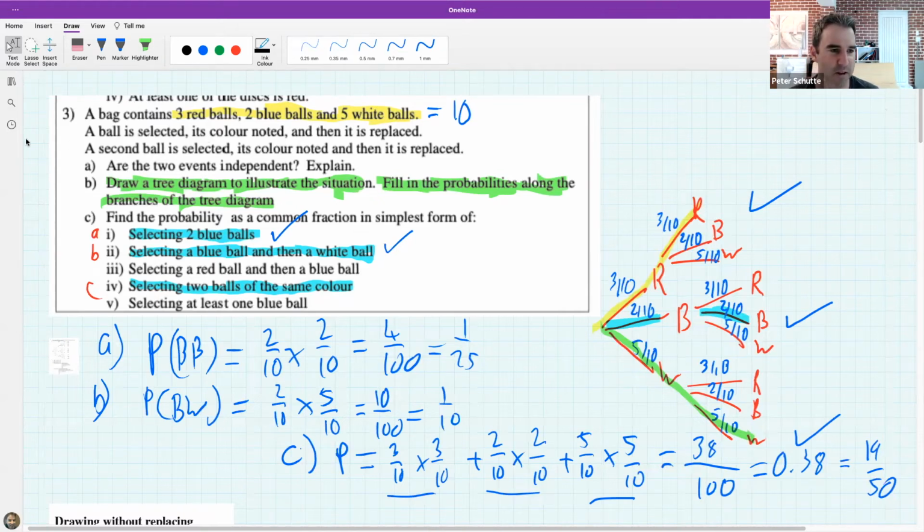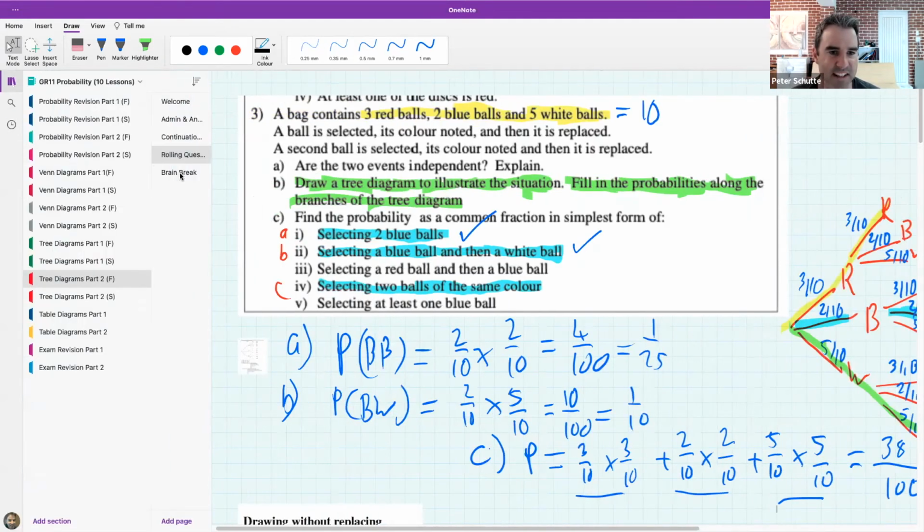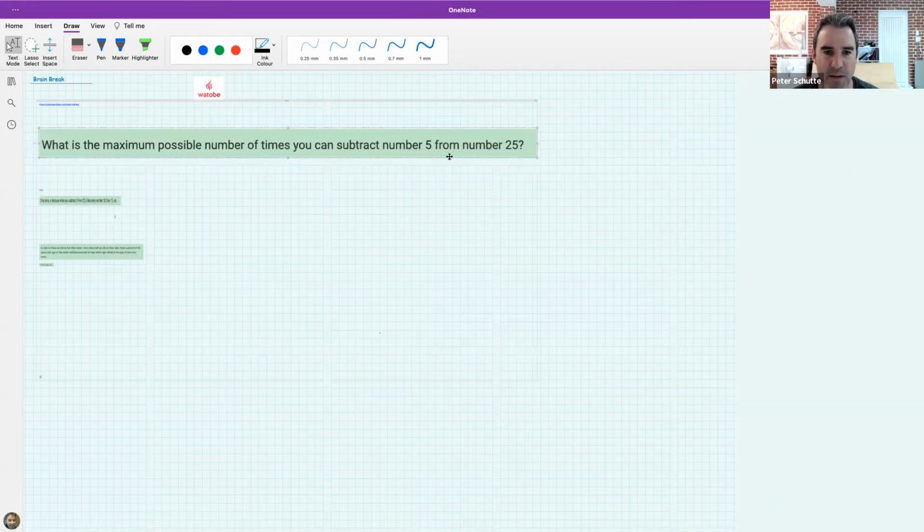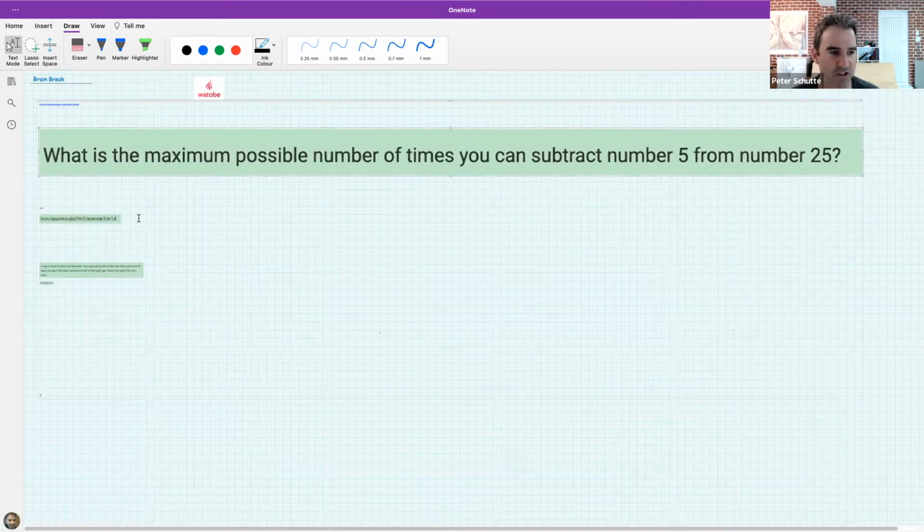Welcome. Okay, so no maths lesson would be a thing without a brain break. So here is your brain break question.